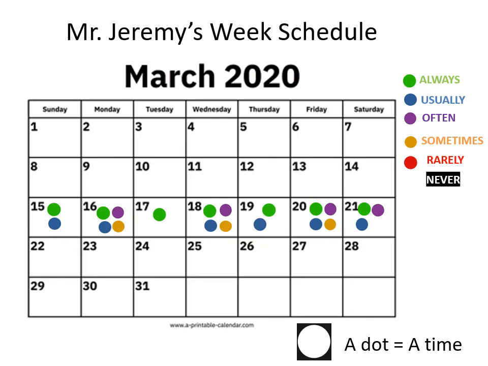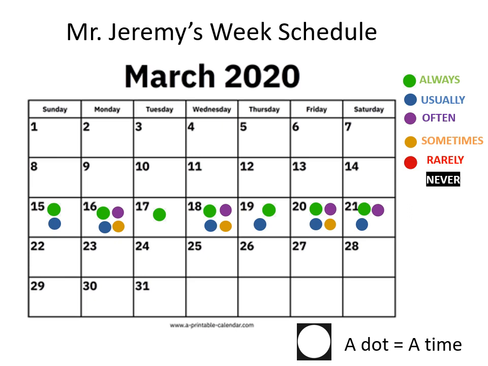So if I were to look at Mr. Jeremy's schedule, and these are different things that I might do for different colors. If you look at always, you see a green dot for every day. So always means something is happening every day, every time.